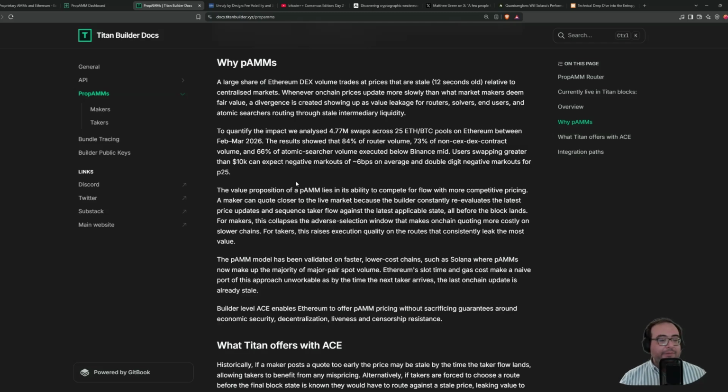And basically, the builder is promising you to order transactions and give priority to your updates in a way that is preserving efficiency, both for makers and takers. So there is a sort of trust in the builder, but this trust is based on the fact that this is profitable for everybody, basically.